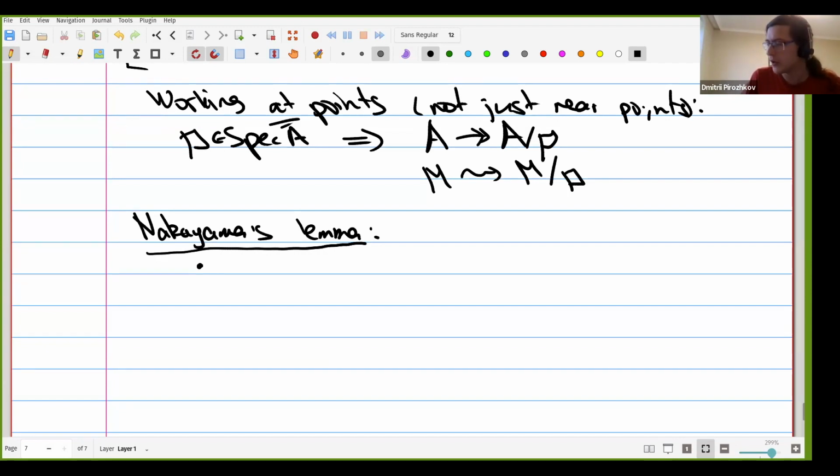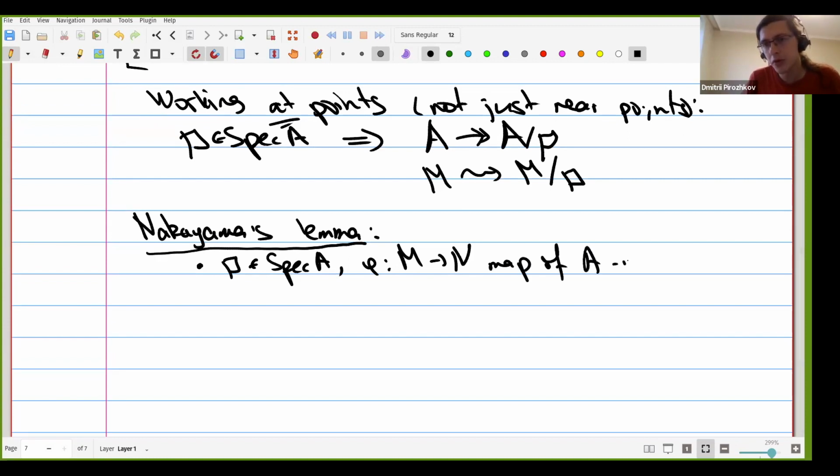So first, let's say, suppose you have a prime ideal, and you have a map of two modules, a map of A-modules.